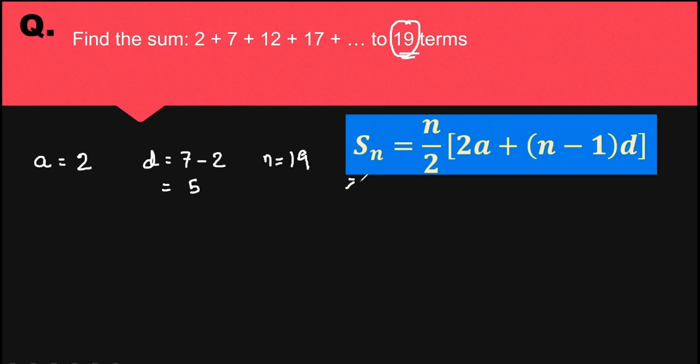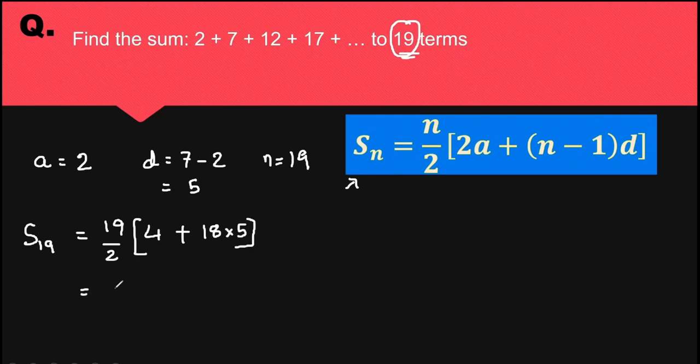If we use this formula, the sum of first 19 terms is n by 2, so 19 by 2 into 2a. a is 2, so 2a will be twice of a, that is 4, plus (n minus 1), so 19 minus 1, that is 18, multiplied by d, that is 5.